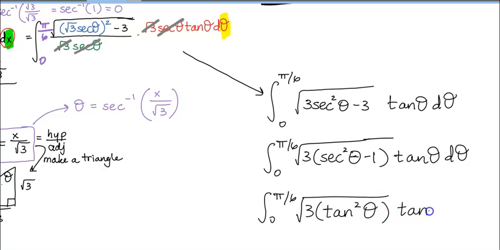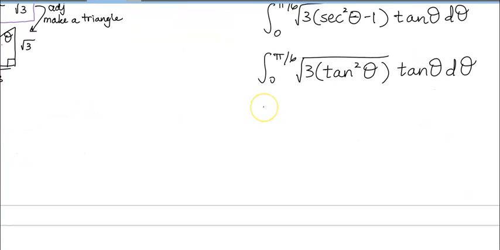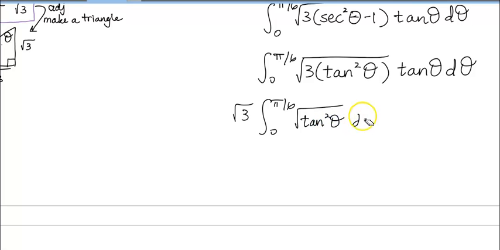And then outside of the square root, we still have the tan theta d theta. I can pull out the root 3 part of that integral, which leaves me with the tan squared under the square root, which of course will just turn into a tan theta. And when we multiply that with the other tan theta that was already in the integral, we are integrating tangent squared.